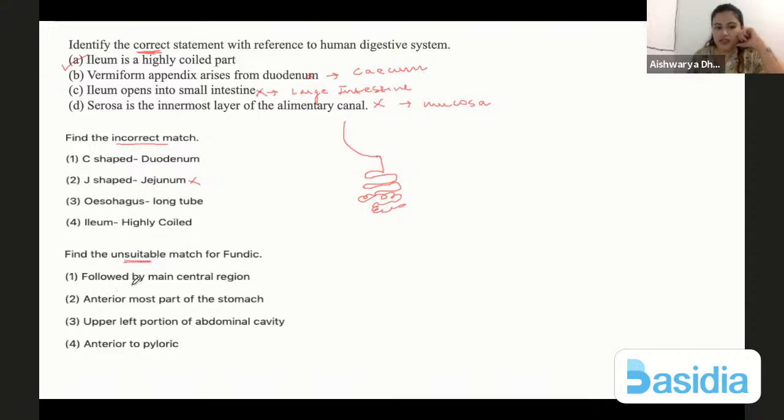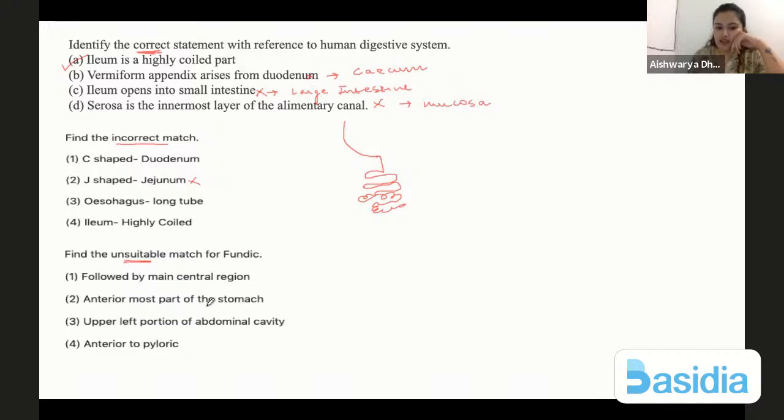Then find the unsuitable match for fundic portion. Unsuitable, we have to find out. Followed by main central region, anterior most part of the stomach, upper left portion of the abdominal cavity, and anterior to pyloric. So what do you think will be the correct option?